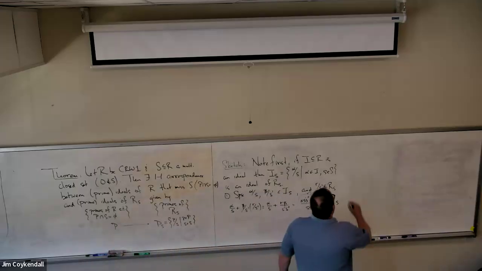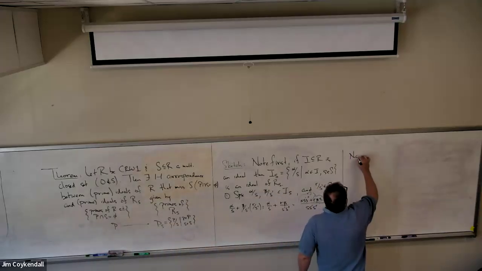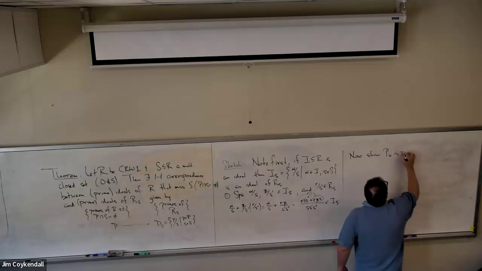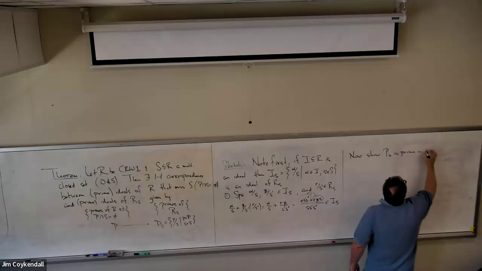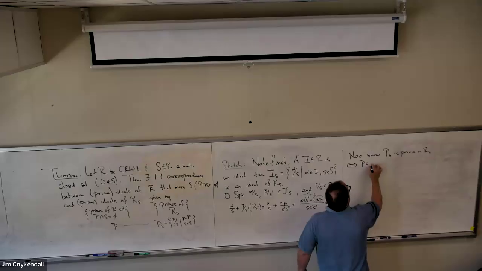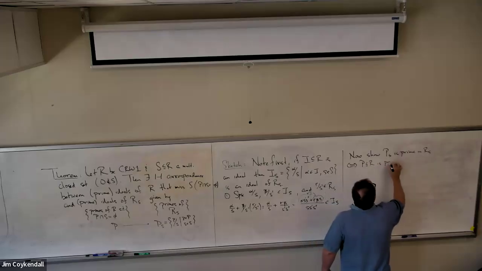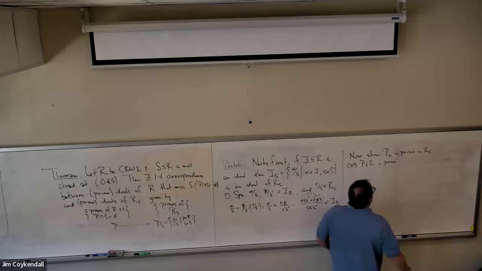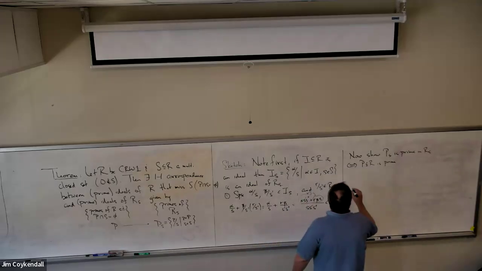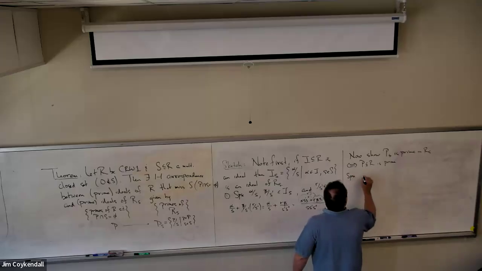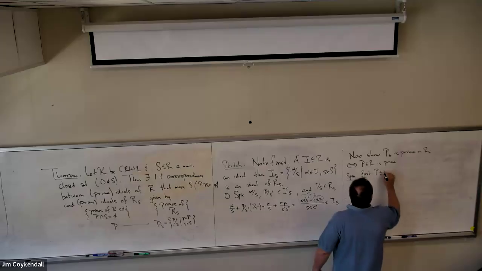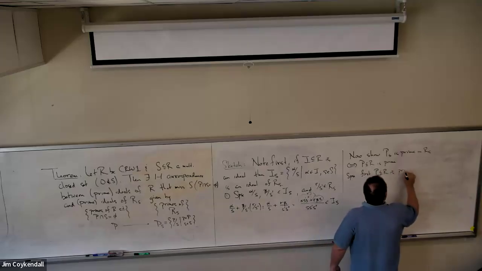So this is prime in R_S if and only if P in R is prime. Okay, well, to this end, suppose first P in R is prime.